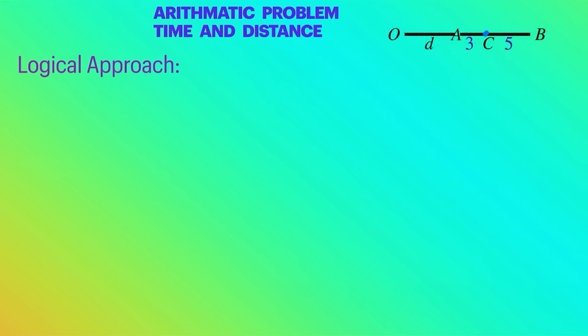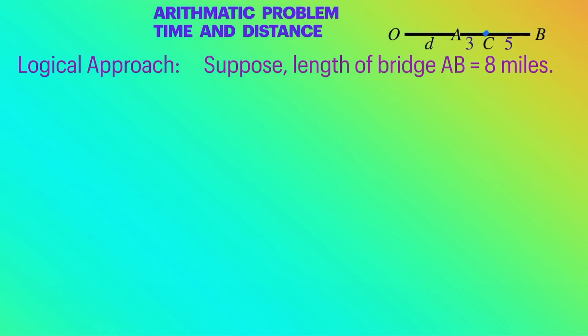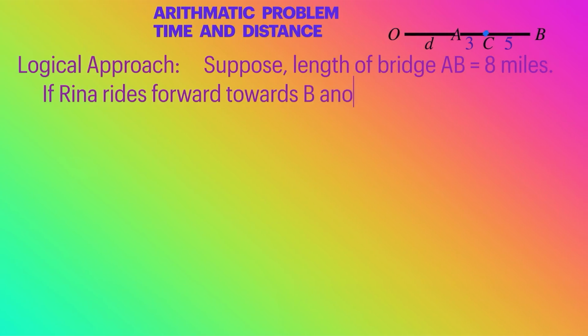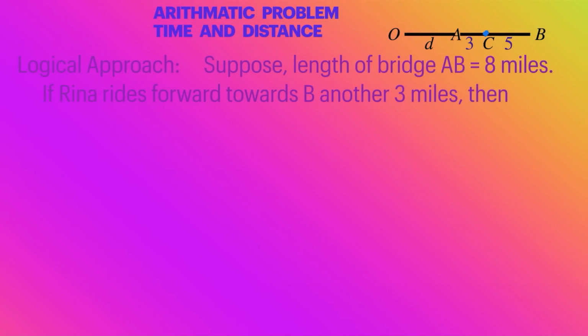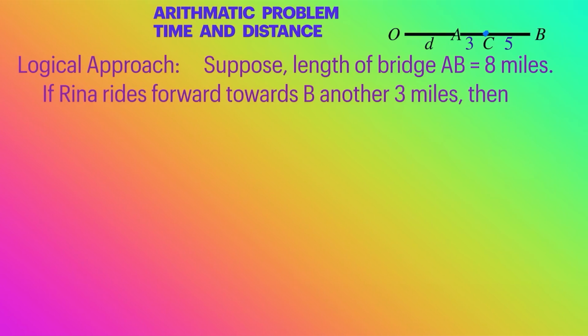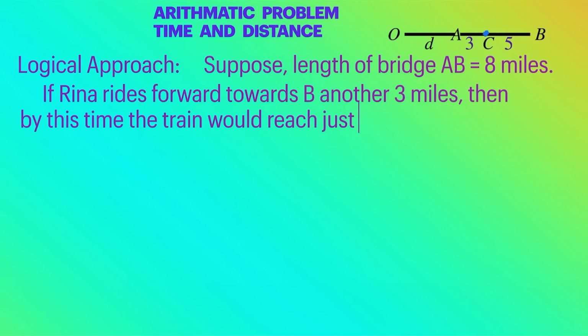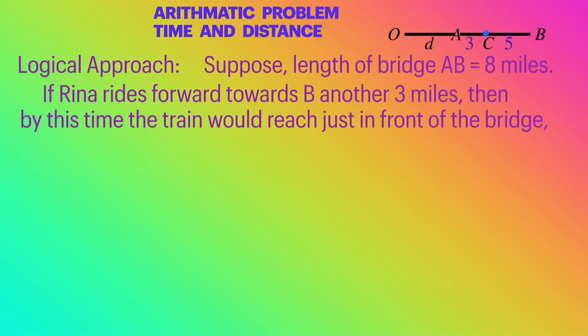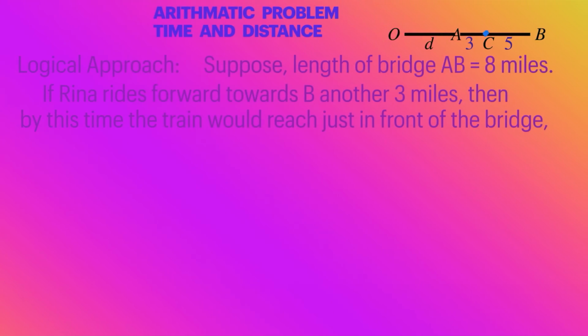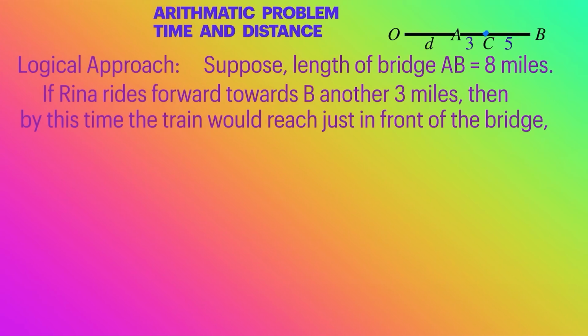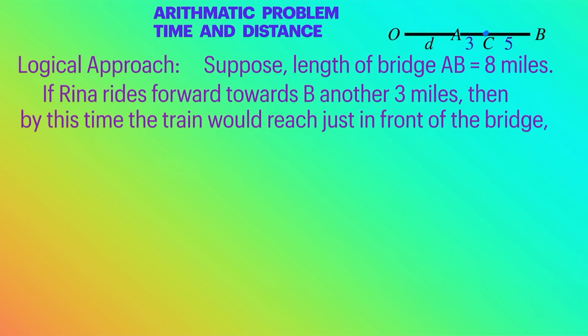So okay, now let us start to find the logical relation. Suppose the length of the bridge AB equals 8 miles, and if Rina rides forward towards B another 3 miles, then we know that according to the question the train by this time would reach just point A, that is from O to A. Then Rina still has 2 miles to cross the bridge.